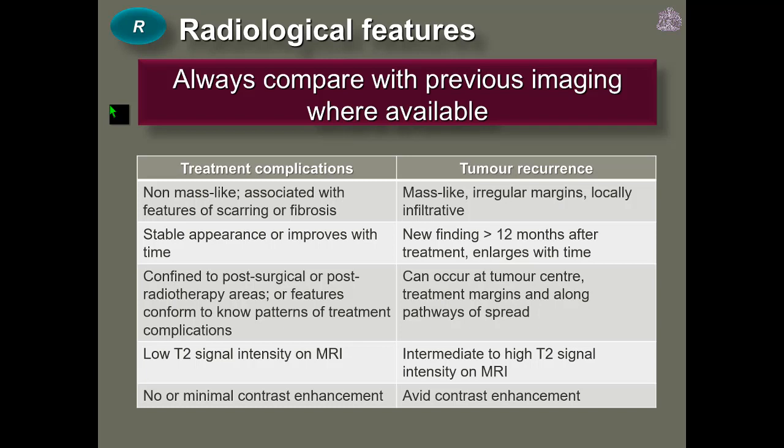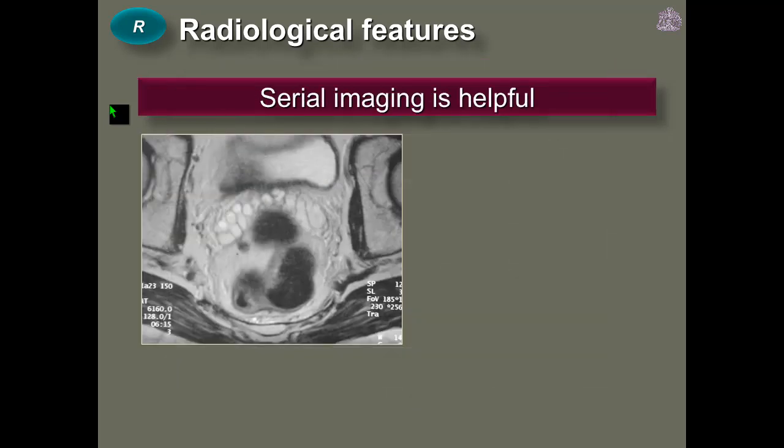You may want to use other functional imaging to help you along, as I will show you later. And then, of course, uncomplicated treatment-related complications, especially chronic, will show no or minimal contrast enhancement, and tumor may be avidly enhancing. So serial imaging is always helpful.